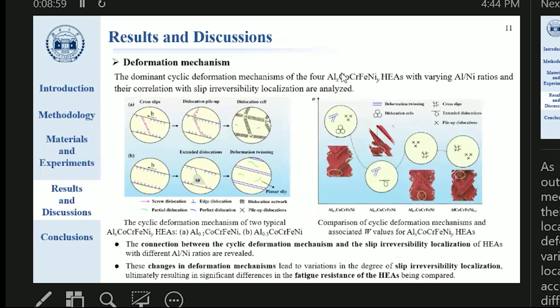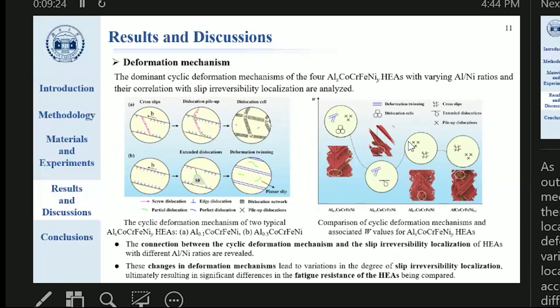As summarized in the figure, we outlined the main cyclic deformation mechanisms of the four HEAs and the correlation with slip irreversibility localization. We can see this change in deformation mechanisms leads to variation in the slip irreversibility localization.